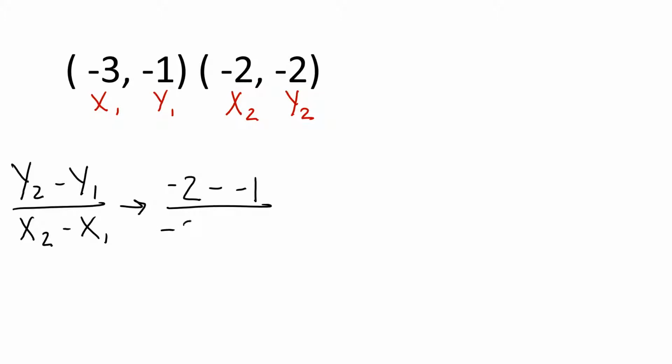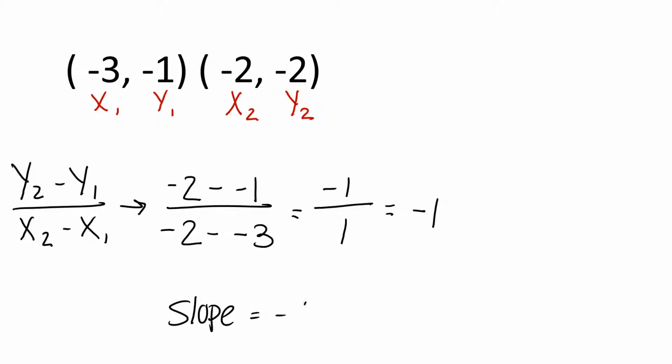The x2 value is -2 minus the x1 value, -3. -2 minus -1 is going to give you a -1. -2 minus -3 is going to give you a positive 1. -1 divided by 1 is -1. We have a slope of -1.